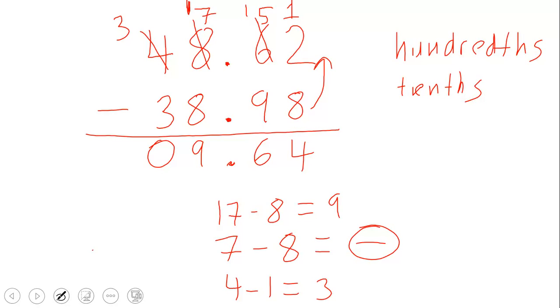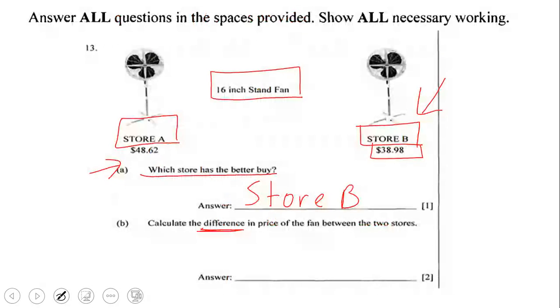The column with the 8 and the 8 is the ones column, and the column of the 4 and the 3 is the tens column. Indeed, our answer to this question is $9.64.